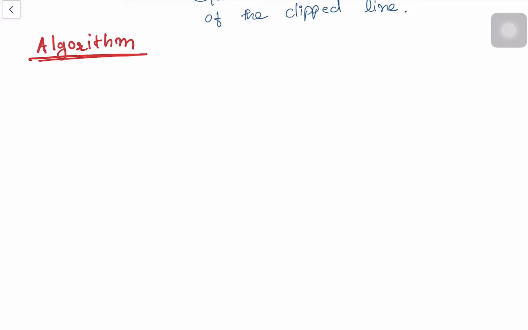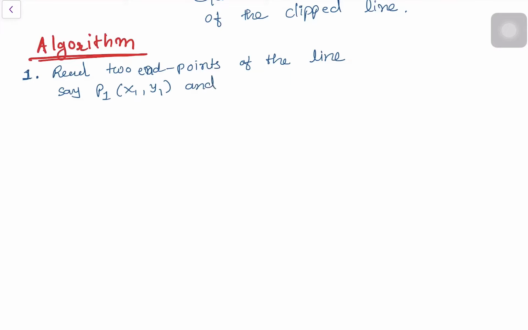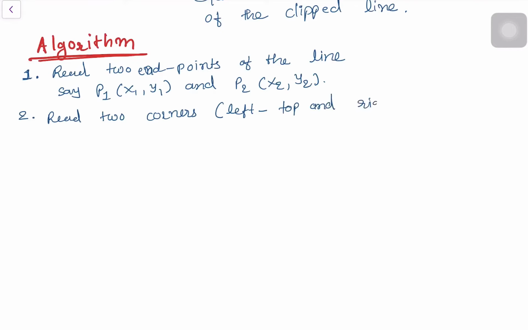Step number 1: read the two endpoints of the line, that is P1 (x1, y1) and P2 (x2, y2). Step 2: read the two corners, left-top and right-bottom, of the window.